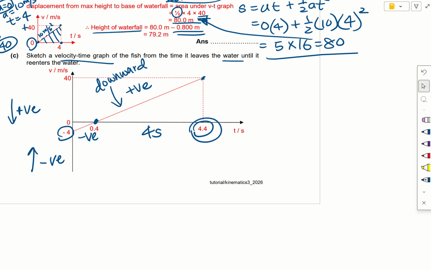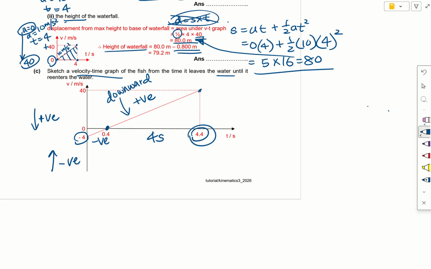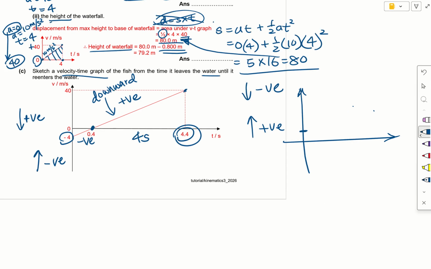Now what if somebody set downwards to be negative and upwards as positive? Then they will have the reverse. Upwards as positive, so they will have positive 4. The velocity will be like that.